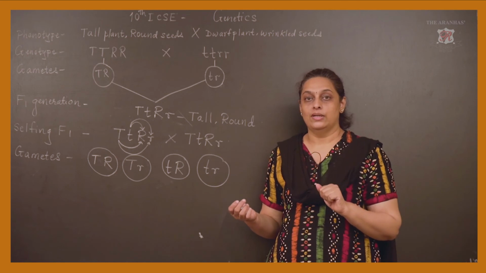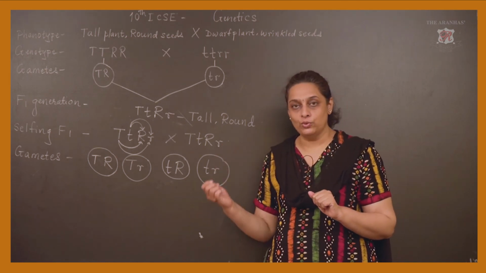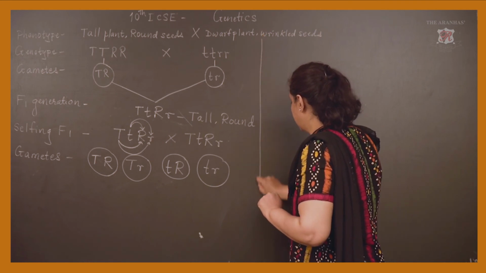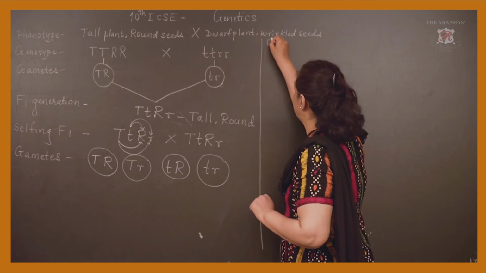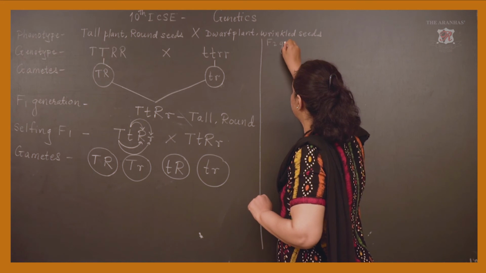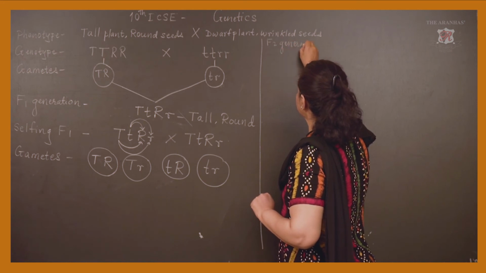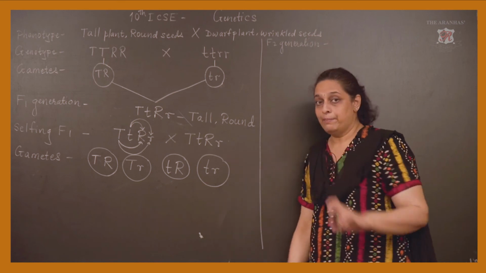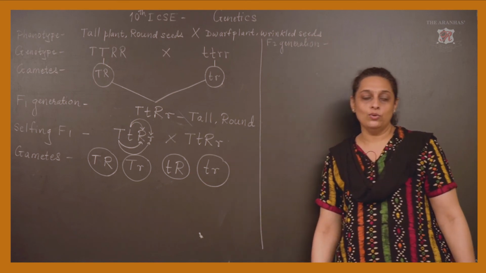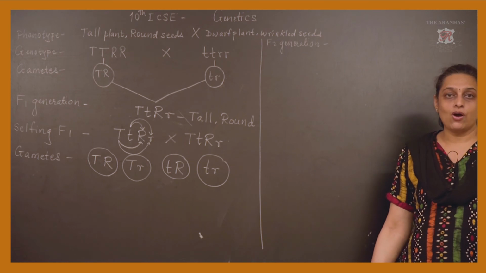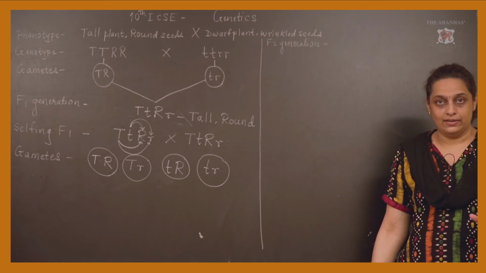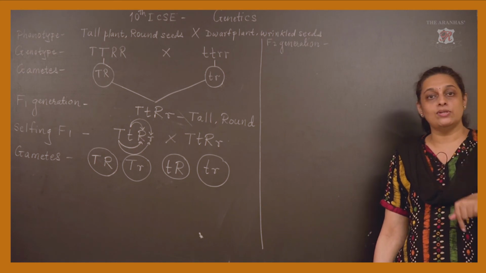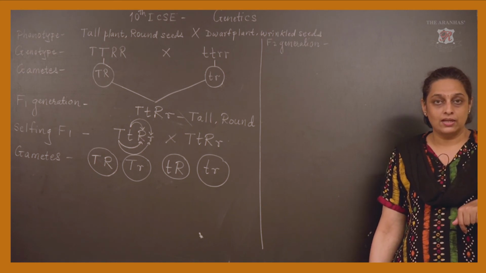Now how to write the F2 generation? This is what we are going to do in the next part. Quickly, students, take a pencil and scale with you. You have to draw a table. Remember, earlier we had drawn a table of 3 rows and 3 columns.